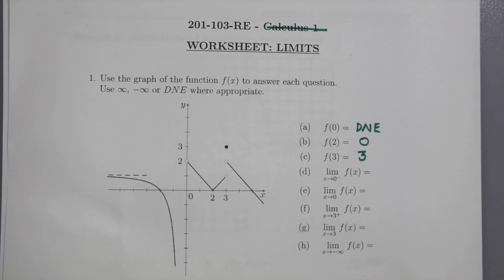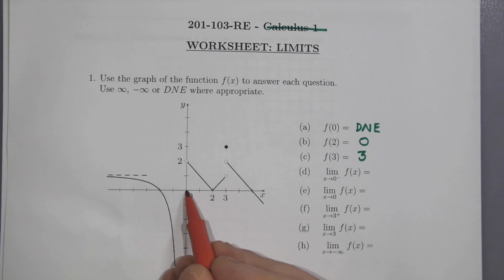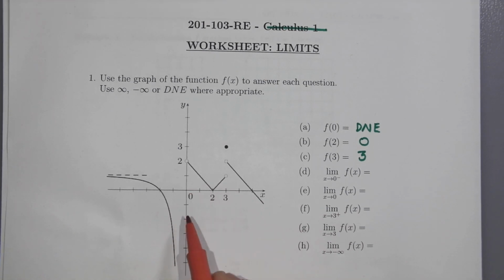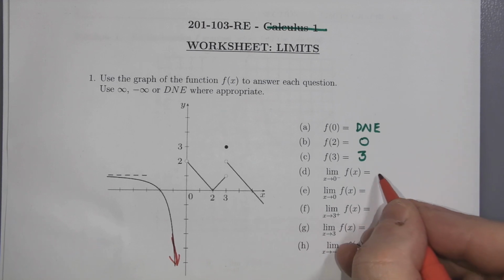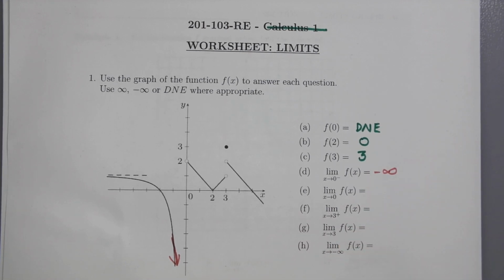The second set of problems here is the limit as x approaches 0 from the left. Here is 0 as an x-coordinate, and as we approach 0 from the left, I'm on this part of the graph, which is flying down towards an output of negative infinity. So that would be the limit as x approaches 0 from the left.